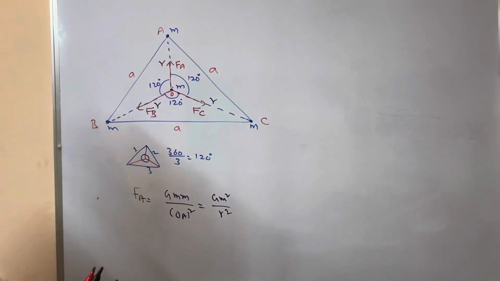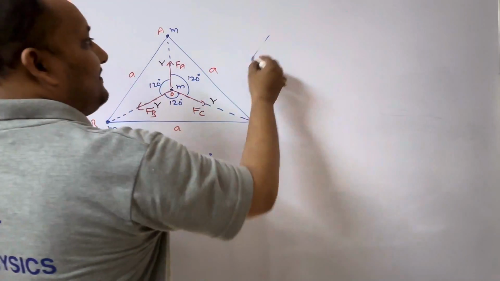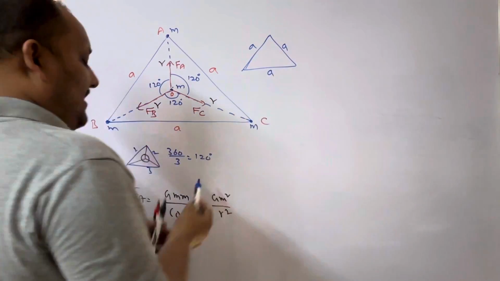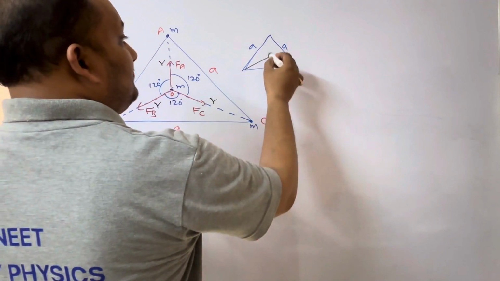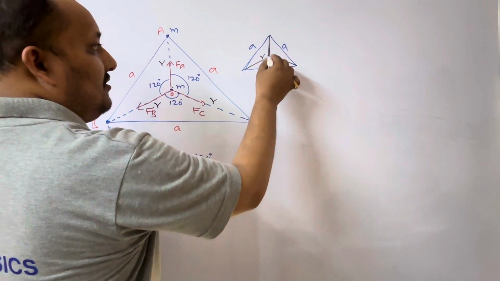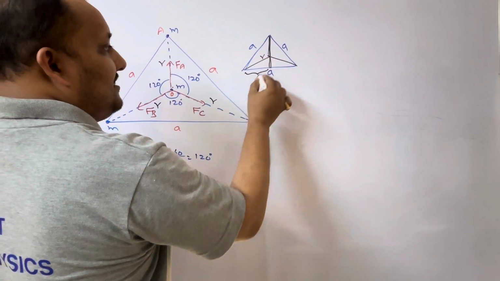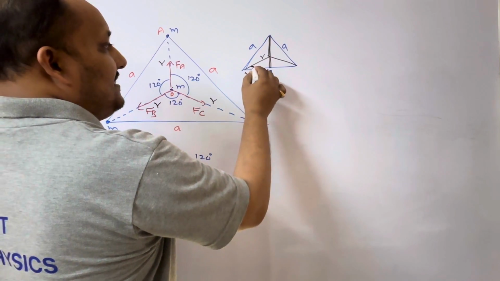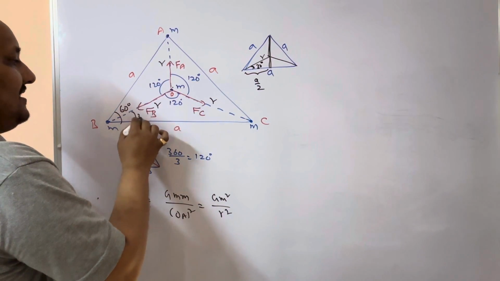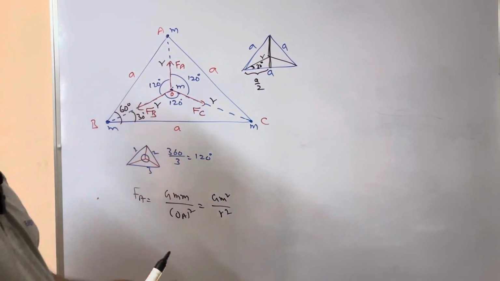What is small r? Whenever a triangle is given, from center to corner, if this is r, draw it like this. This is going to be a by 2. This angle is 30, since the total angle is 60 and the angle bisector gives 30 degrees.